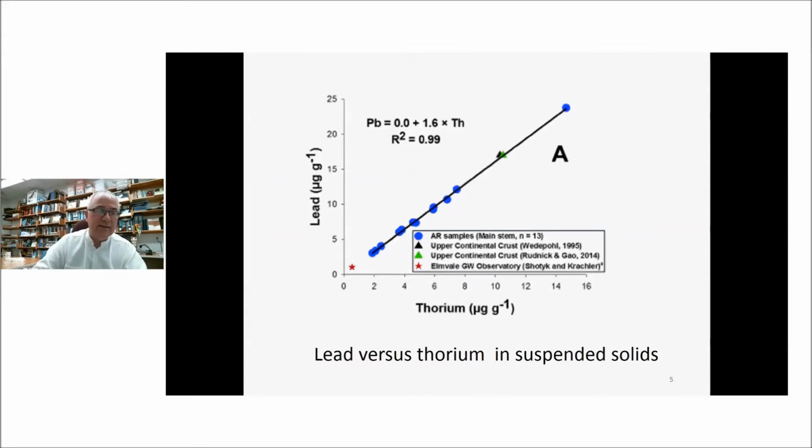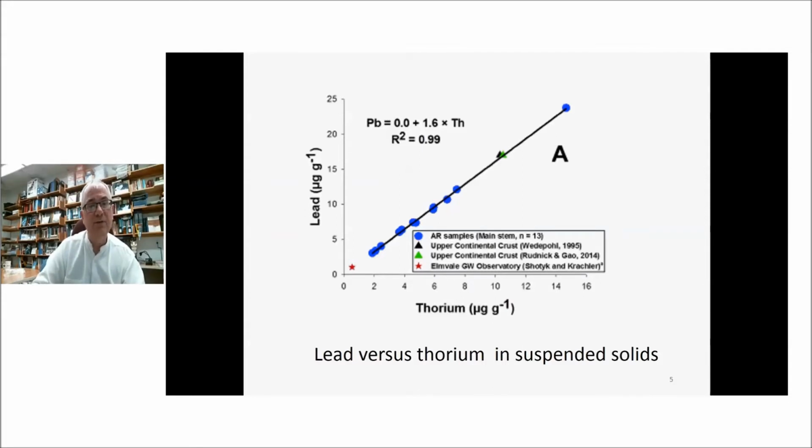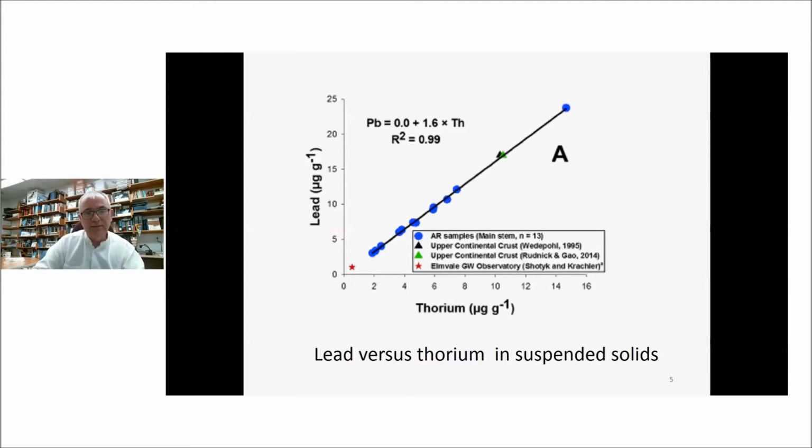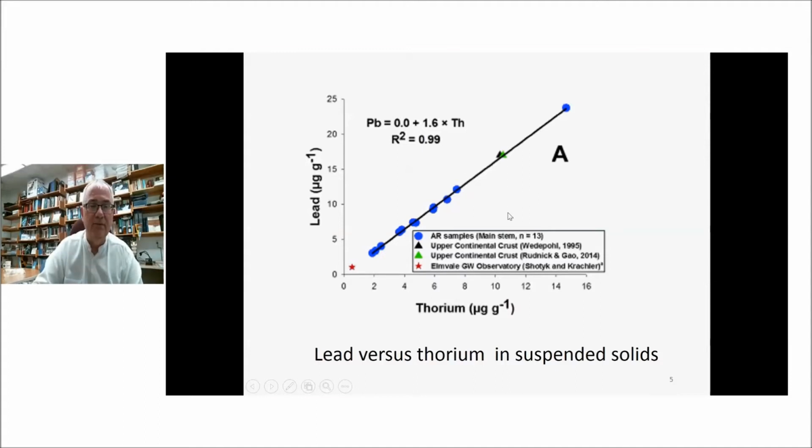You can see the concentration of lead is proportional to the concentration of thorium, which means the amount of lead in those particles is exactly what we would expect. The slope of this line is exactly the same as the Earth's crust. So the amount of lead in those particles upstream and downstream from industry is the same, and it's exactly what you'd expect. It matches crustal values.